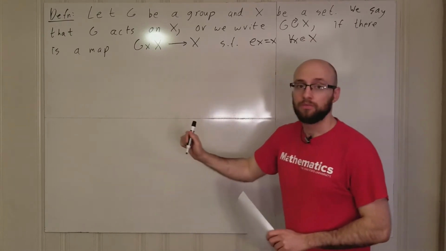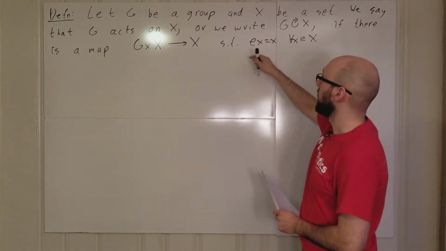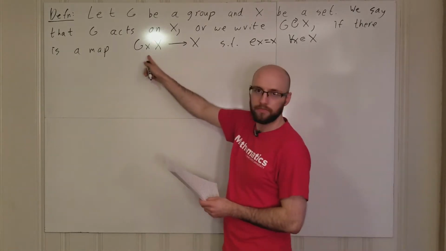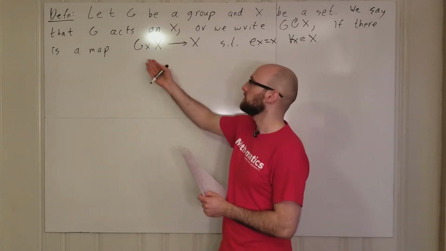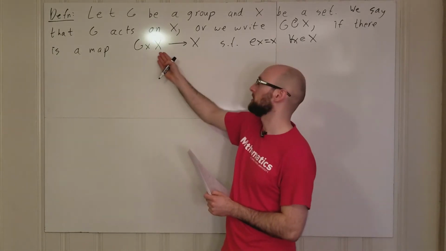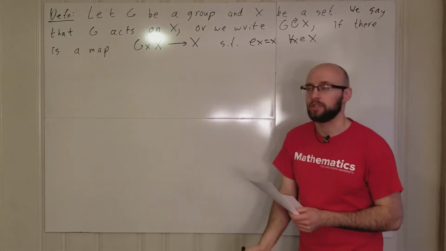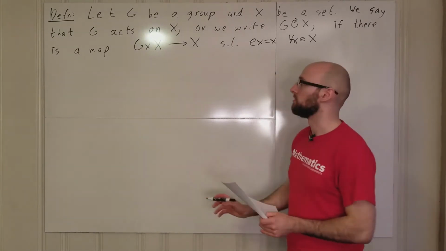Okay, now one thing to note here is I'm not even going to write down, like technically there's a function here. There's a function that takes in an element of G and an element of X and gives you an element of X. I'm not even writing down the function. I'm completely suppressing the notation.